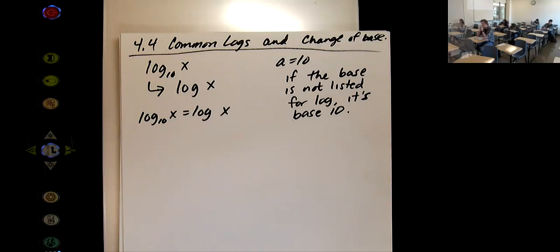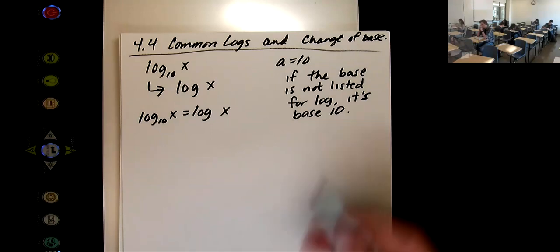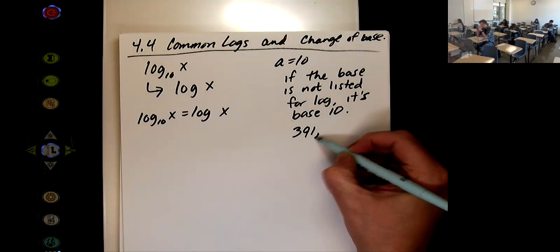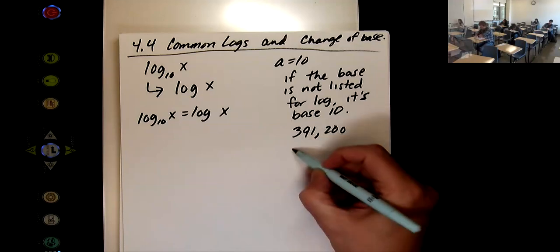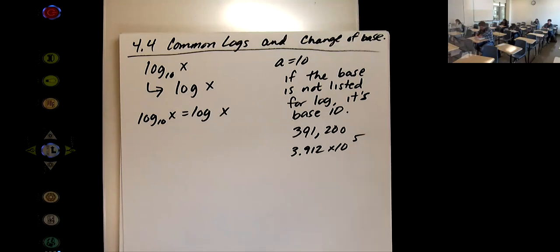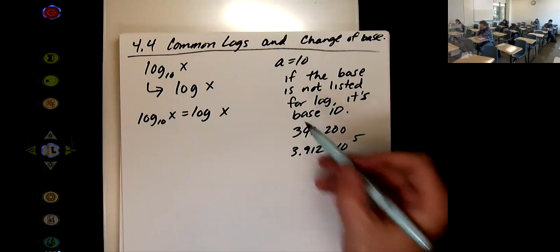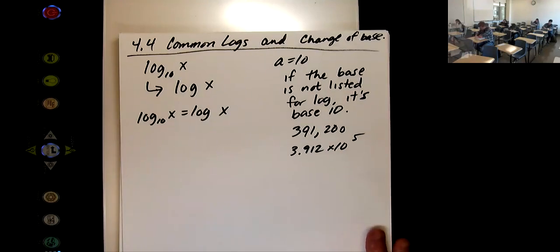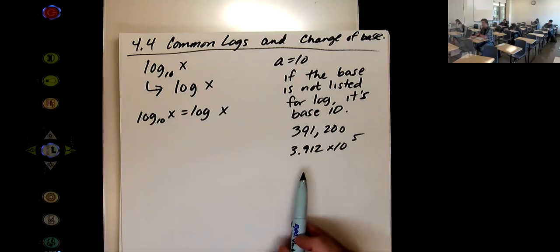It's how our scientific notation works. If we had 391,200, we could say this is 3.912 times 10 to the 5th. We use 10 as a base in a lot of our operations. And since this is the way our number systems work, a log graph makes it look a lot easier.